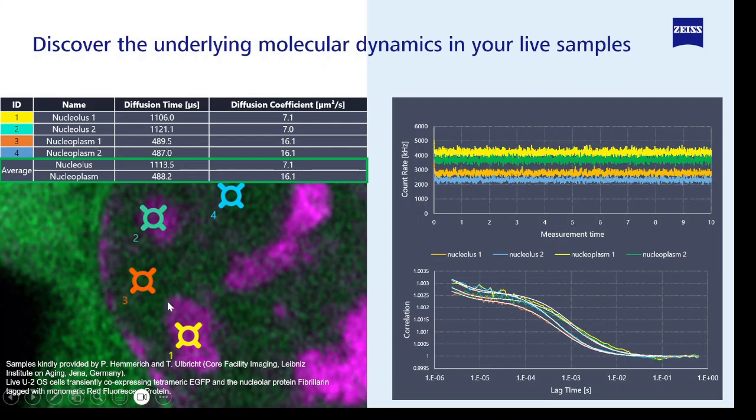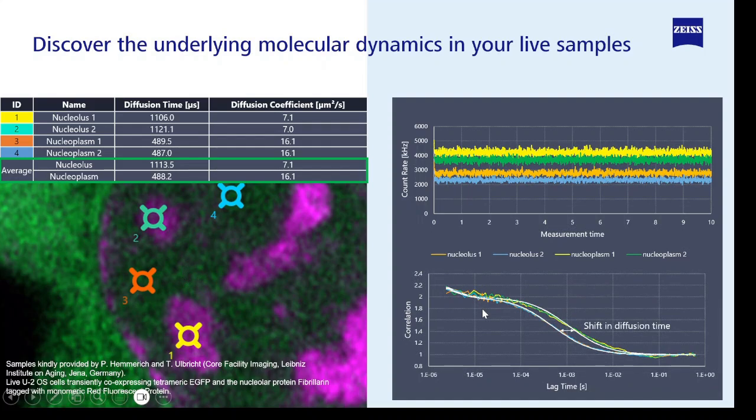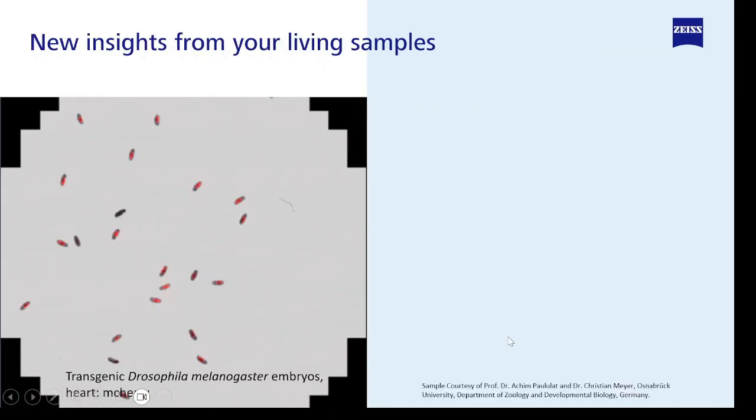Although the fibrillarin in the nucleolus is very bright, we can get the correlation curve in the Dynamics Profiler at 4 different spots. And if we normalize the amplitude of the correlation curve, we can see the difference of the diffusion speed in the nucleolus and in the nucleoplasm.